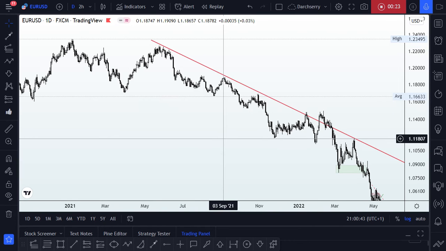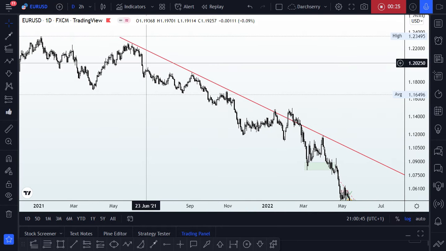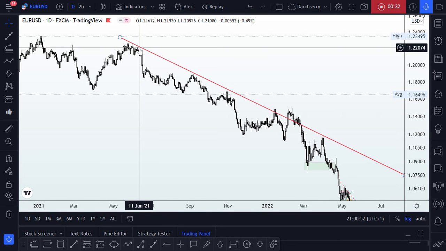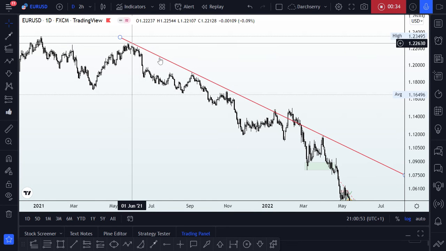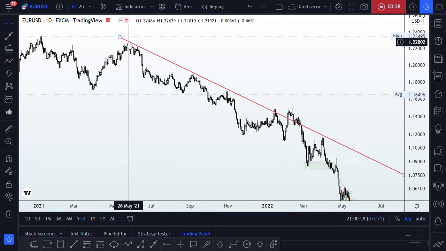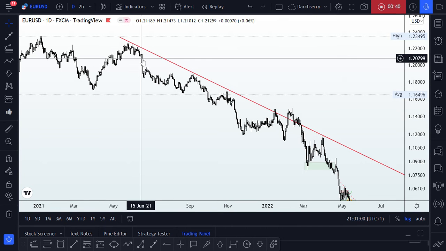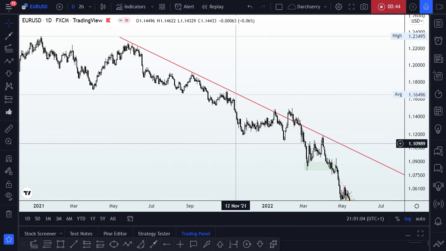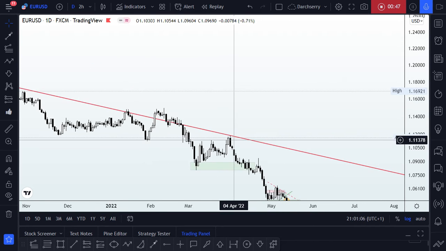Now, looking closely at what's happening on the daily time frame, we definitely will agree that this is a bearish trend. As we can see, the bearish trend line connects a series of lower highs since mid last year, confirming that this pair is indeed very bearish at this point in time.